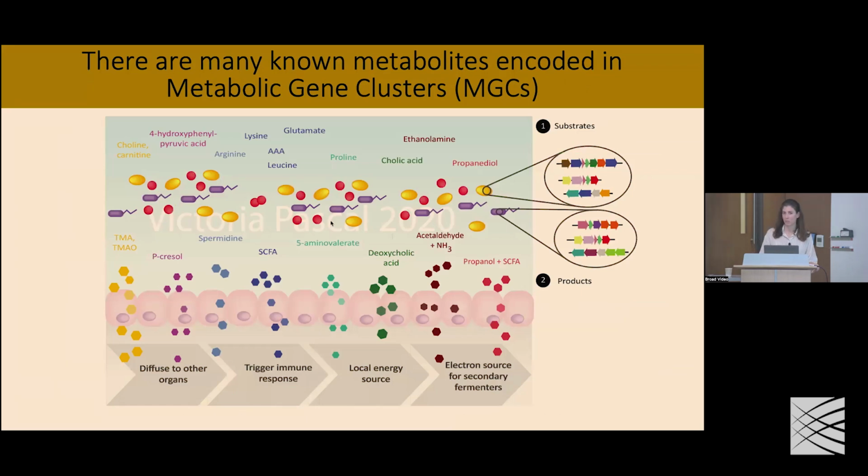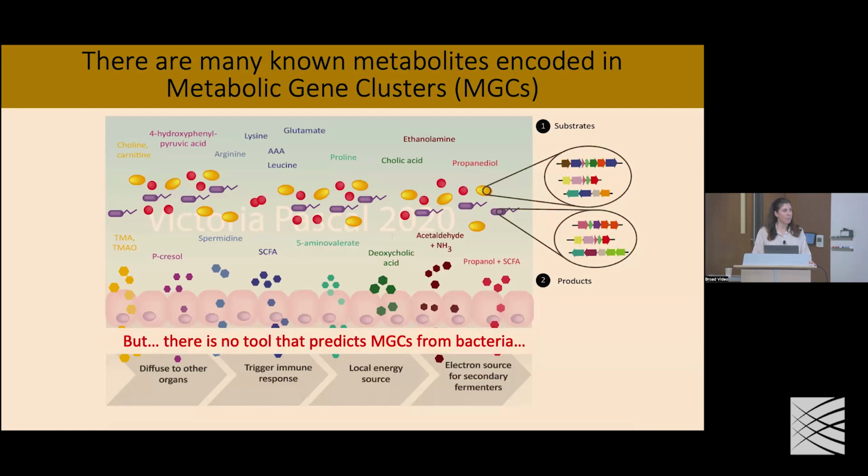And as Marnix was already mentioning before, one of the peculiarities of these metabolites that the gut bacteria produce is that they are known to be encoded in metabolic gene clusters, MGC in short. And these are genes that are close together in the genome, and they are responsible for the regulation, the synthesis, and transportation of the metabolite.